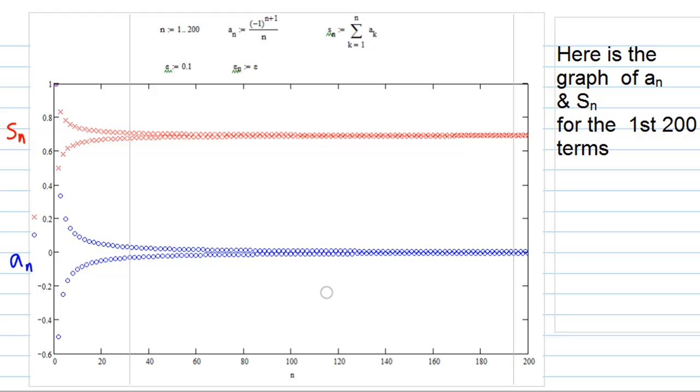So the blue dots here are the sequence a_n from n equal to 1 to 200, and the red crosses are the sequence of partial sums S1 all the way to S200.